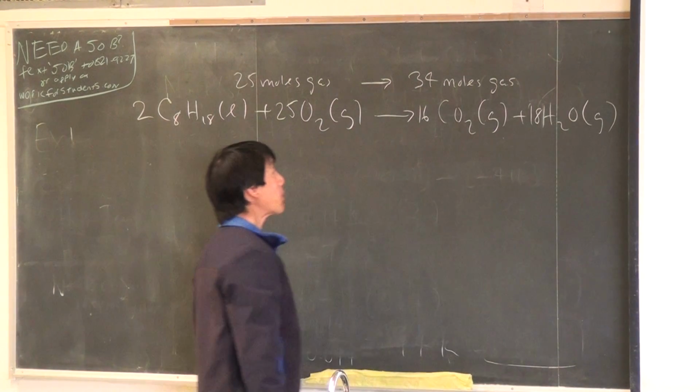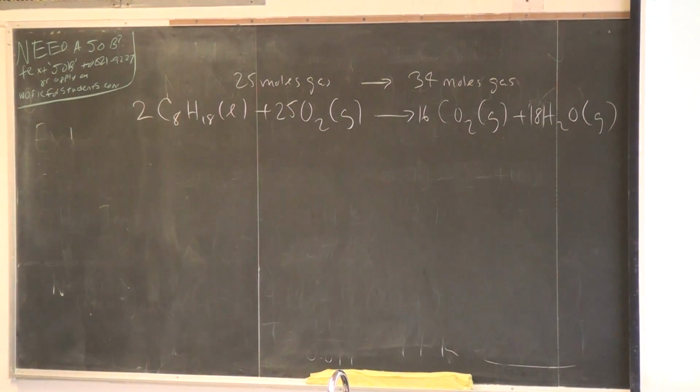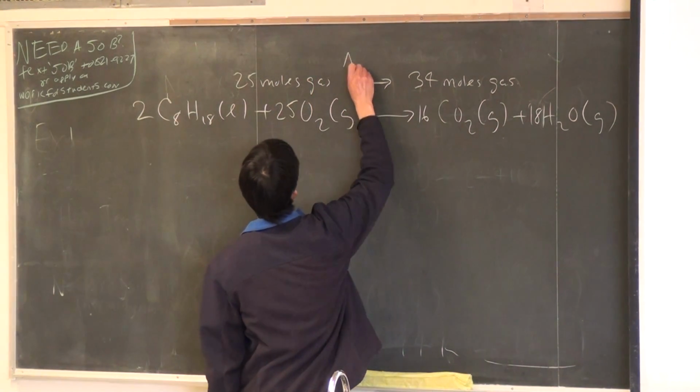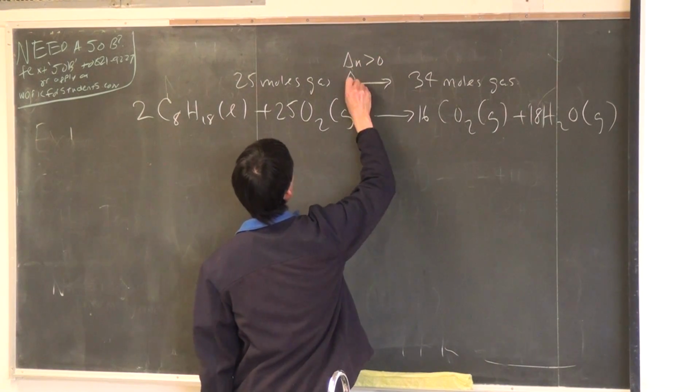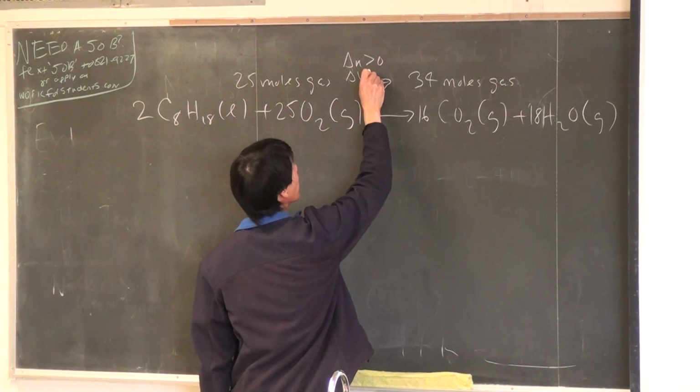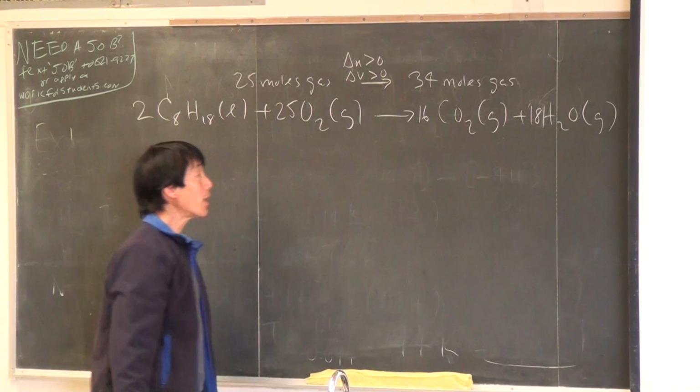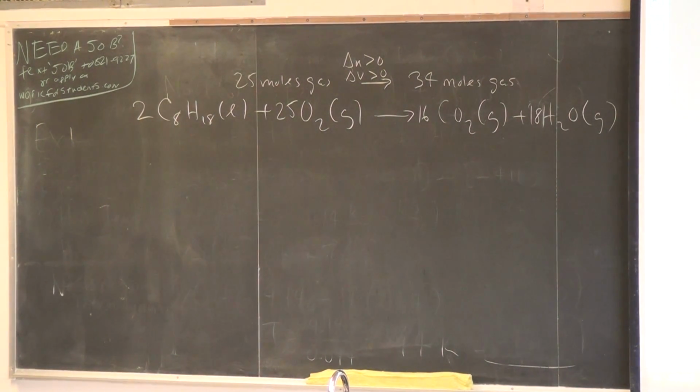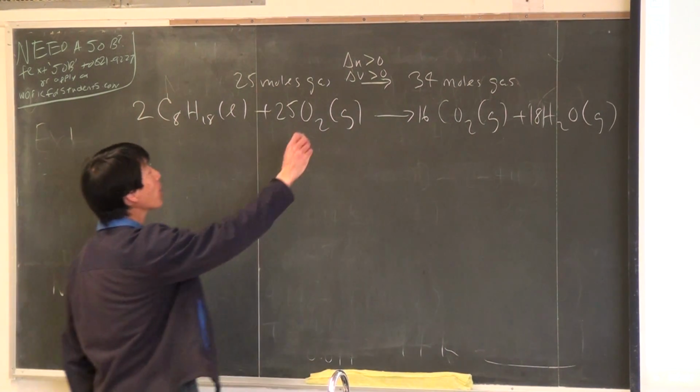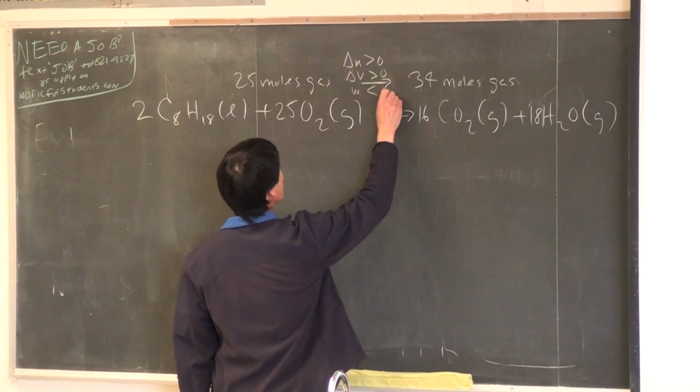So based on the moles of gas reactants and products, delta N is greater than 0, which means that delta V is greater than 0. So in this equation, we should see an expansion due to the moles of gas produced relative to the moles of gas reactant we start with. That means that work is going to be less than 0.